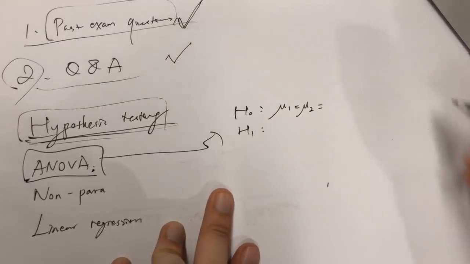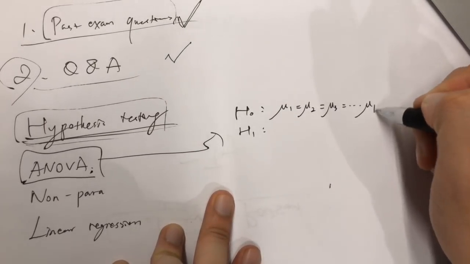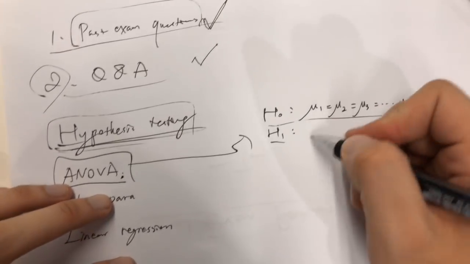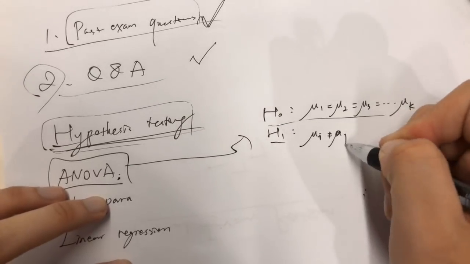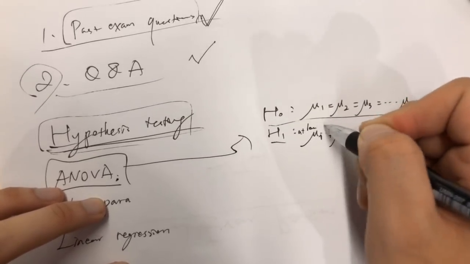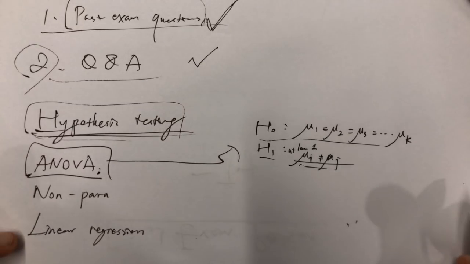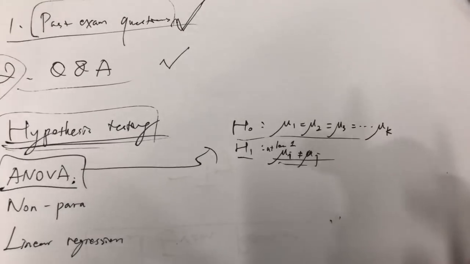So the null hypothesis is mu1 equals mu2 equals mu3 equals mu k, right? So k means the number of groups that we have for the whole test. And for H1, at least one mu i is not equal to mu j. At least one pair of mu i doesn't equal mu j, where i, j equal 1 to k, and i does not equal j.